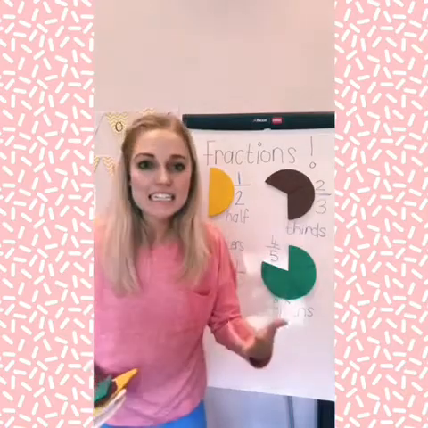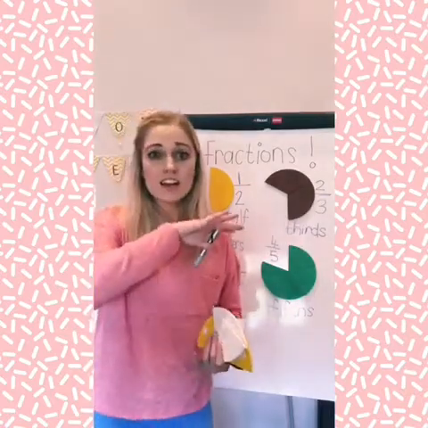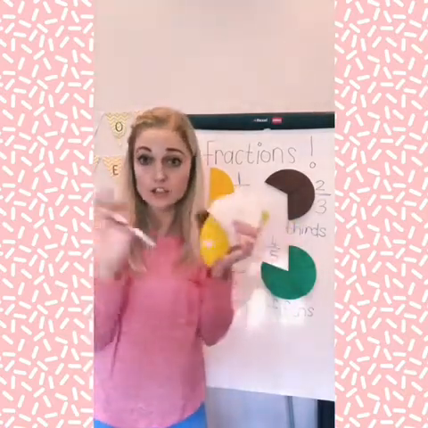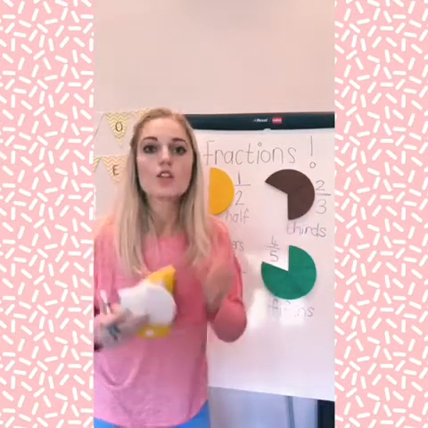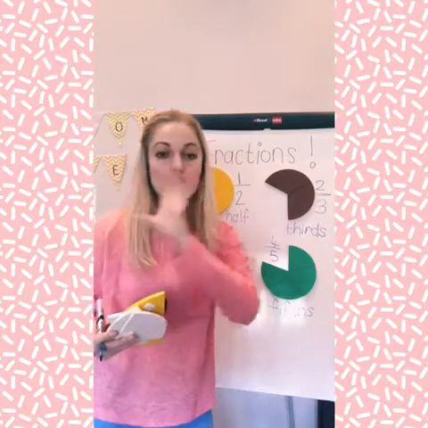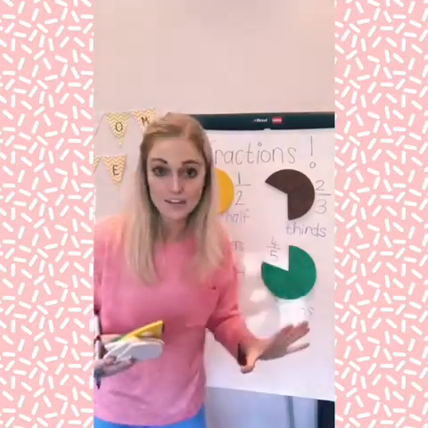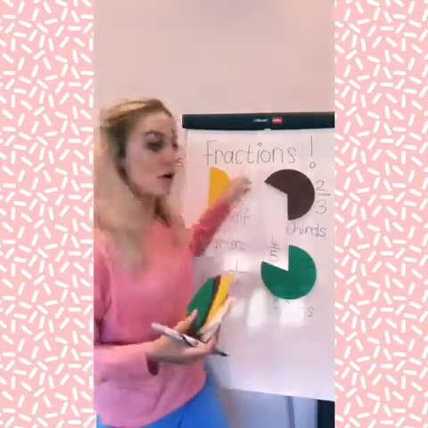And then the pieces that you've colored in, taken away, shaded, that you don't want to work with anymore, those pieces you've taken away. So the pieces that are remaining, the pieces that are not shaded or that are still left over, that goes at the top.